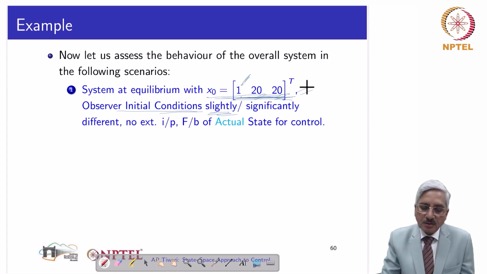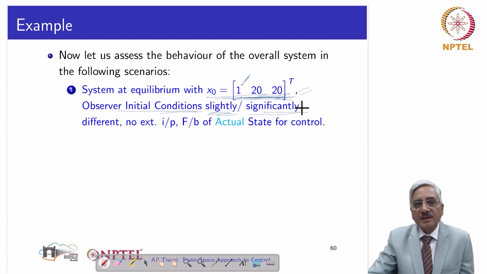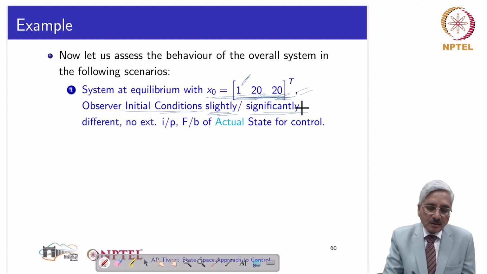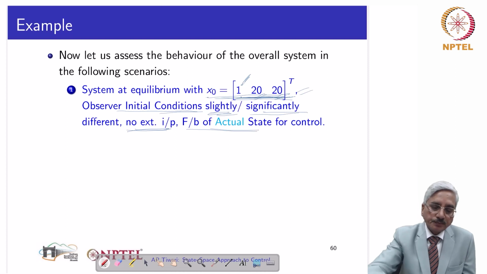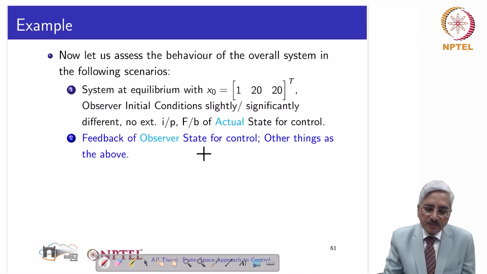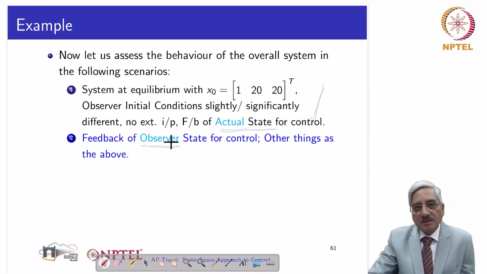And in another scenario, it will be significantly different, a large deviation of observer states from the actual system states. Then we will not consider any application of external input and feedback of actual states. So this is one scenario. The other scenarios will be all other things like this. However, in place of actual states for feedback, we will feed the observer states, just to see how the two situations differ from each other.